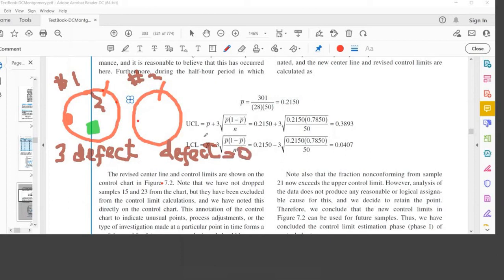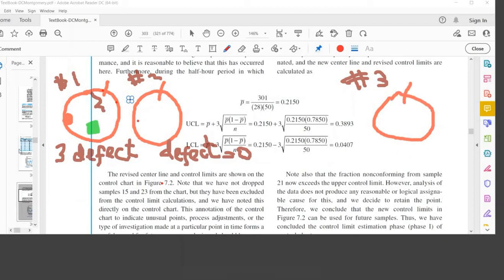Let's say you have another orange, which is number three. Okay, orange number three. Okay, there is damage.